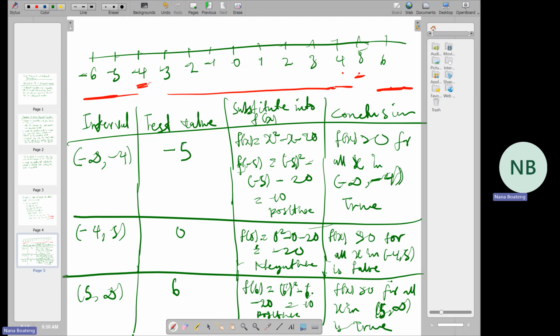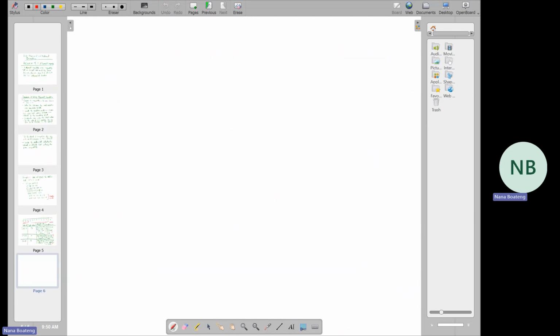So the last thing is now we have to write our solution set. Since f of x greater than 0 is true in this interval, it will be part of our solution set. This one will not be part of our solution set because we got a false statement there, and this will also be part of our solution set.